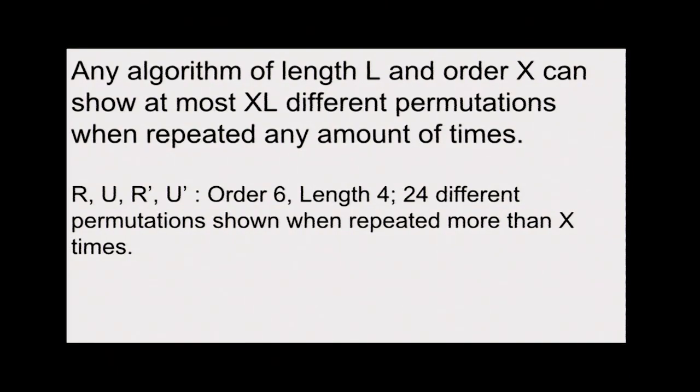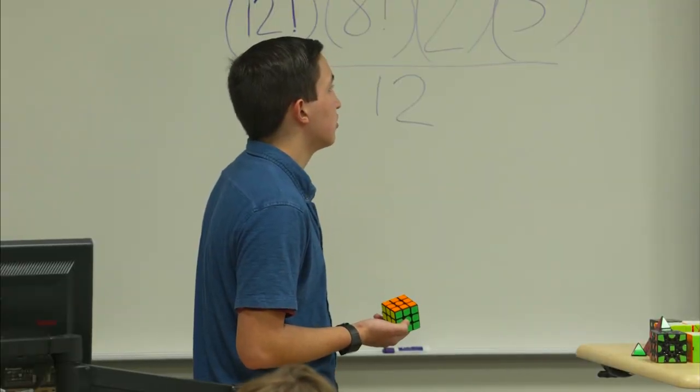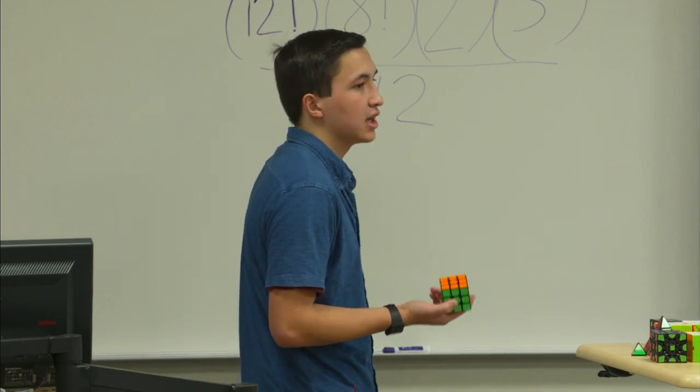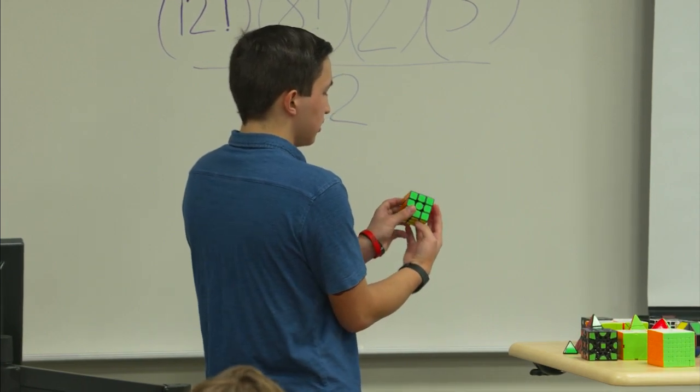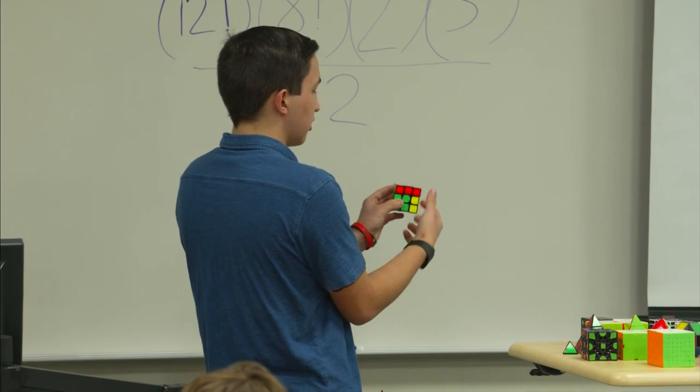So 24, because you're going to turn it 24 different times before you get to the original starting permutation. Only 24 different permutations are shown when repeated more than X times, so more than 6 times in this case. You got the starting permutation, and then you're showing another permutation, and another, and another.